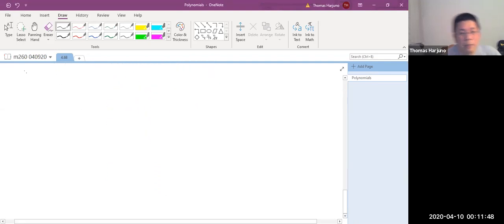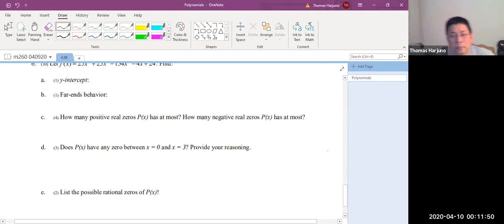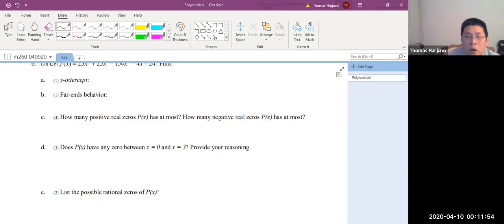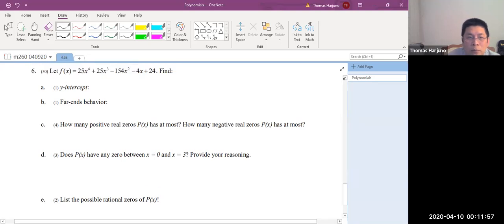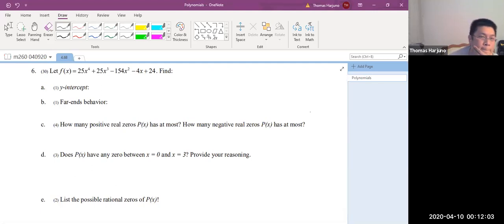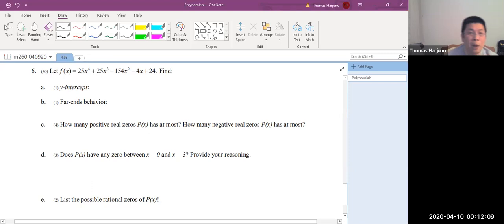Let's see this example here. This question comes from the same source, the same test. f(x) equals this polynomial. Part A, easy ones.